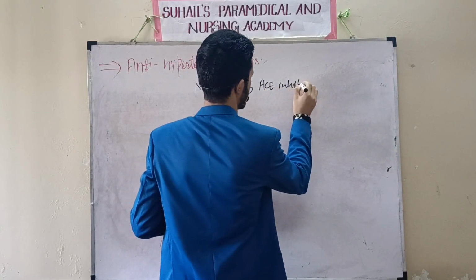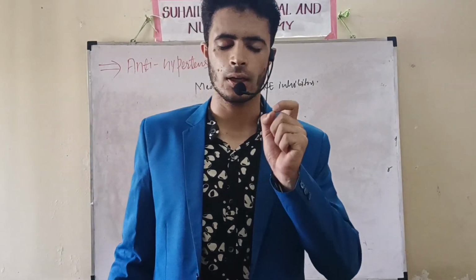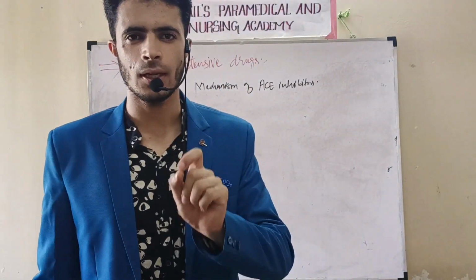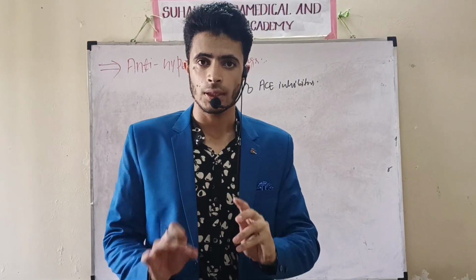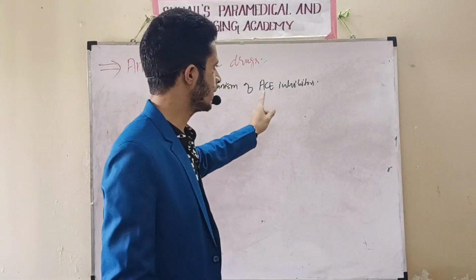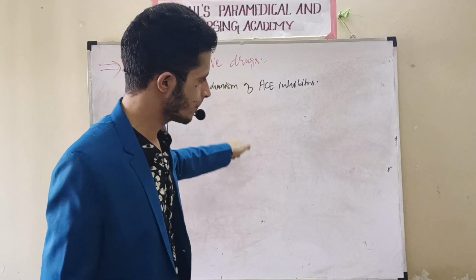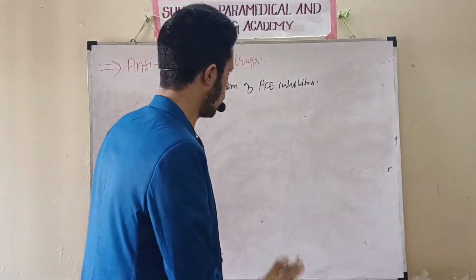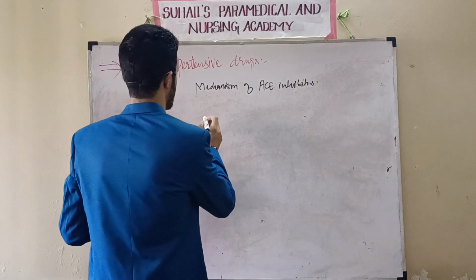How ACE inhibitors are working. In this, you will get the clear idea about the renin, angiotensin, aldosterone system. The clear idea you will get after knowing this graph, after knowing this sequence that I am going to provide. What happens actually? I will start from the basics.